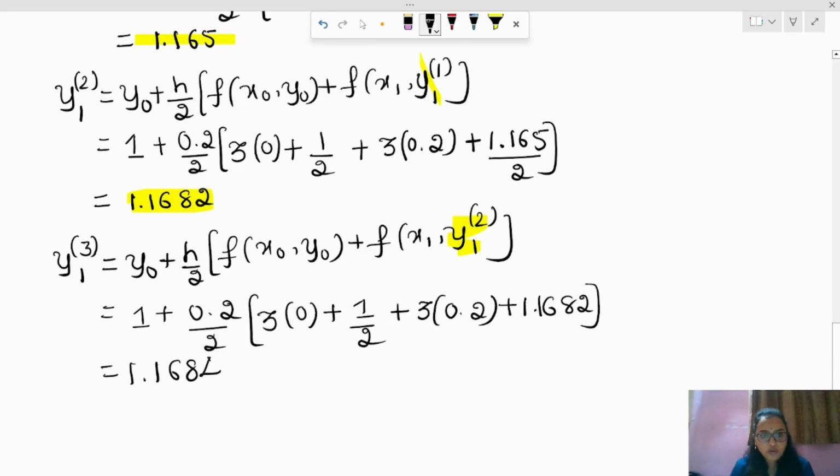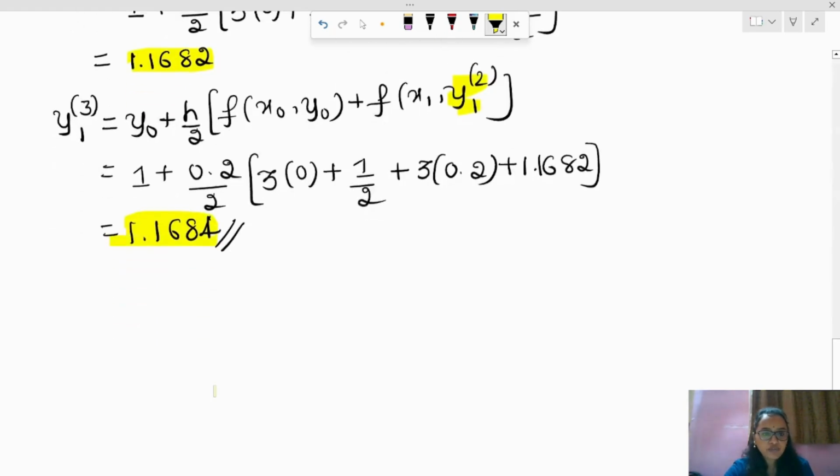1.1684. So by the third approximation at least 3 decimals match with my previous approximation. The previous approximation we got is 1.1682 and the current approximation is 1.1684.